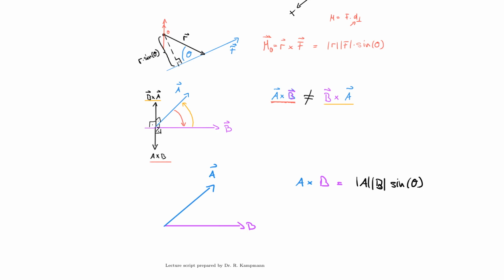Now I want to give you one more physical interpretation of this. What is A sine theta? A sine theta is really giving you this component, right? So this is A sine theta.